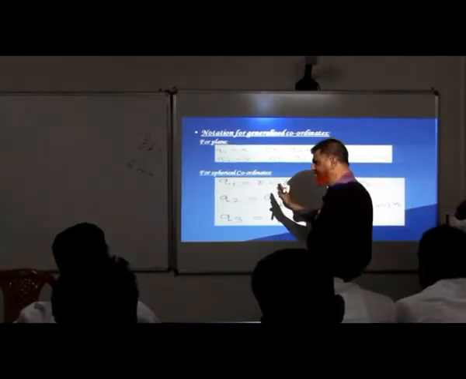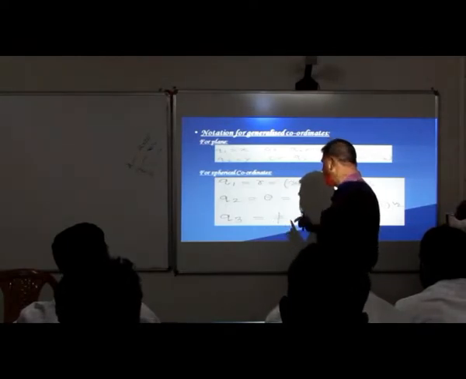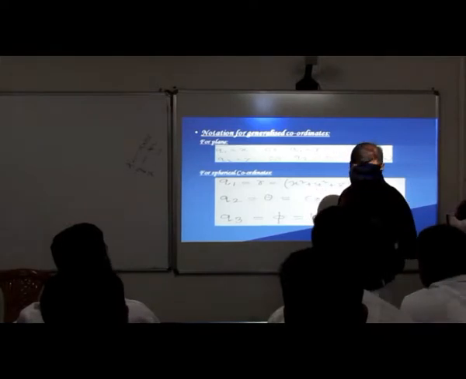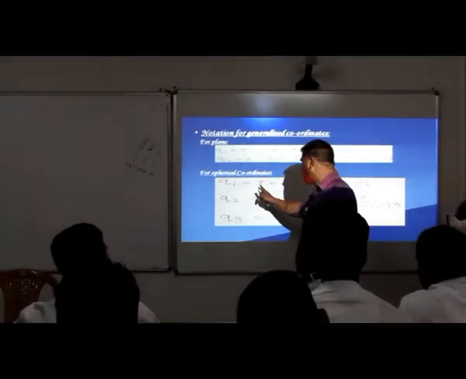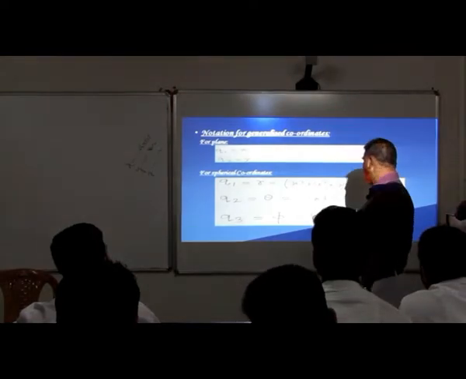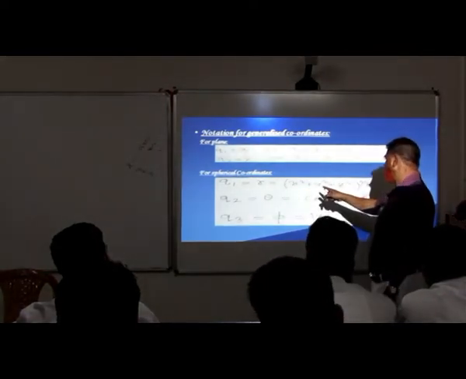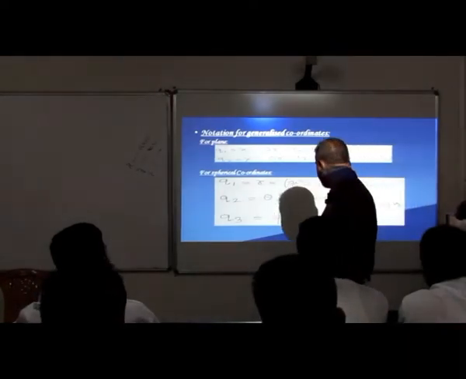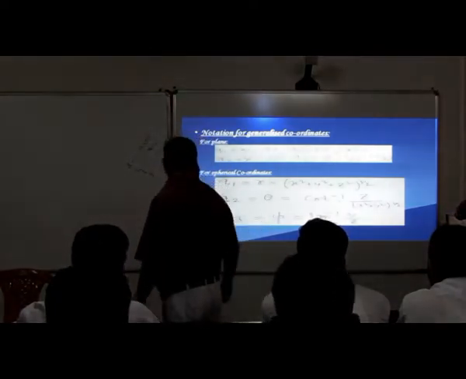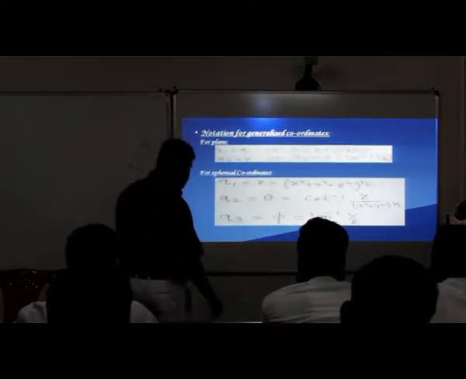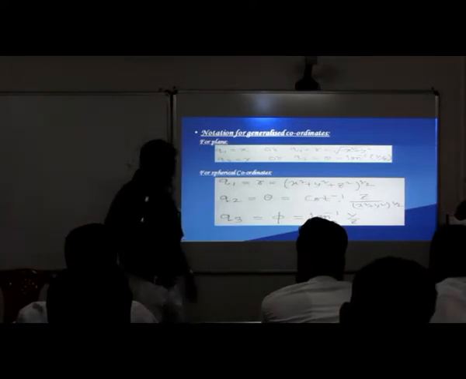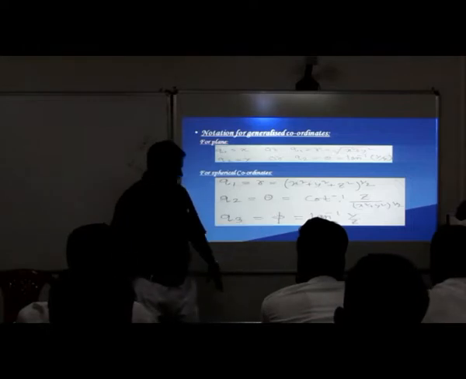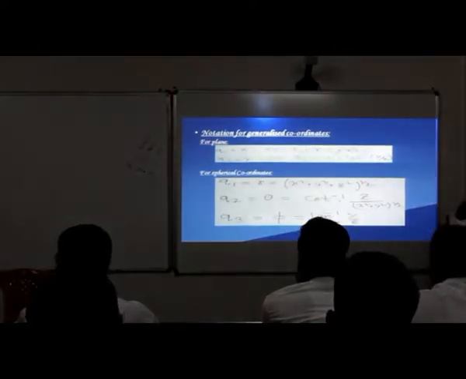Each of the coordinates r, theta, phi is represented by choosing generalized coordinates as q1 is equal to r, which is equal to root over x square plus y square plus z square. q2 is equal to theta, which is equal to cot inverse z divided by root over x square plus y square. And the third generalized coordinate q3 is equal to phi, which is equal to tan inverse y by x. Okay.